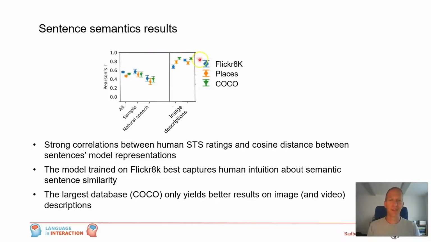But also this is exactly where the larger databases outperform the smaller one, in particular in this set. These are two different sets of image descriptions from two different years. So the largest database only does best when looking at image descriptions. Also, by the way, video descriptions.